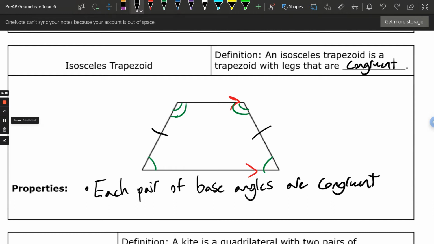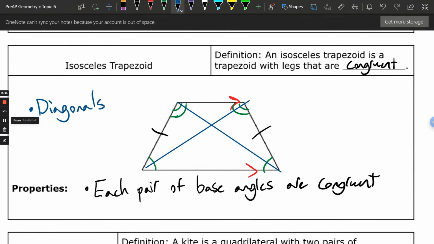And also, if I draw in the diagonals, it's not too hard to prove that the diagonals here are actually congruent. We're going to include that on my quadrilateral chart as well later when we fill in this part of the tree.